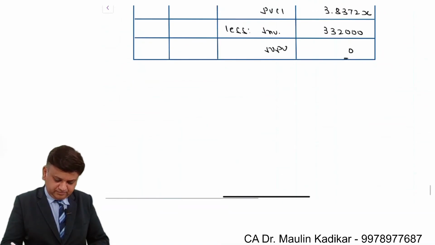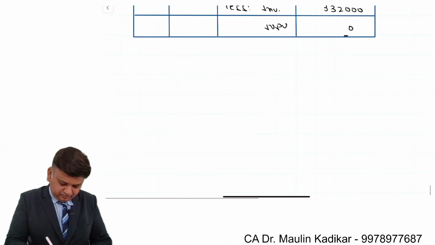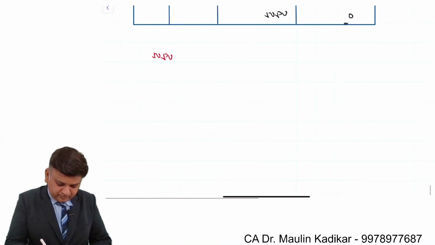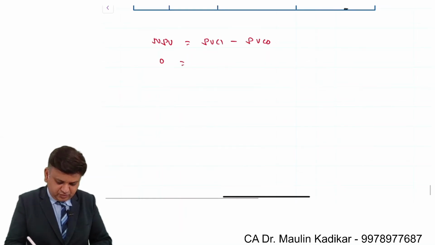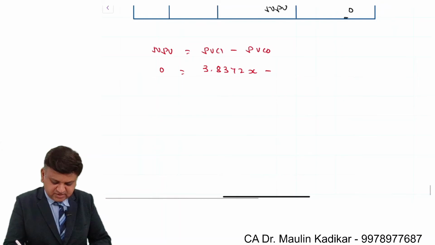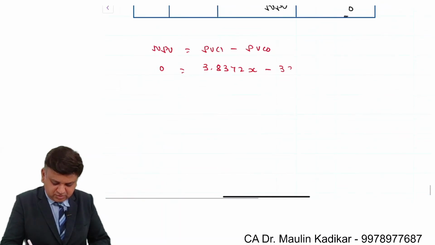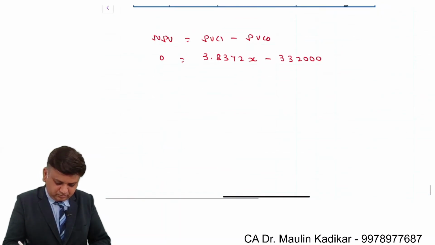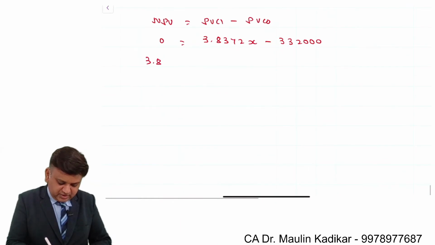So return answer. NPV is present value of cash inflow minus present value of the cash outflow. So 3.8372x minus 3,32,000. 3.8372x is equal to 3,32,000.